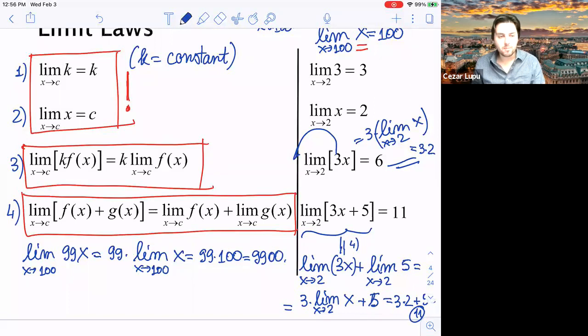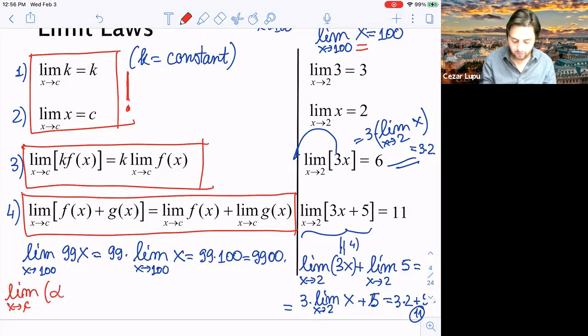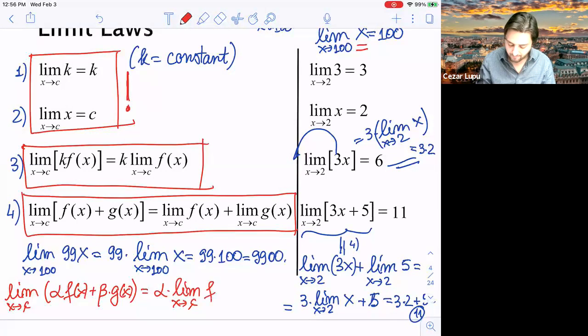And now let me combine 3 and 4, and let me write it in the following way. Combining 3 and 4, we get that the limit as x approaches c of alpha f of x plus beta g of x, where alpha and beta are constants, is nothing else than alpha times the limit as x approaches c of f of x plus beta times the limit as x approaches c of g of x.